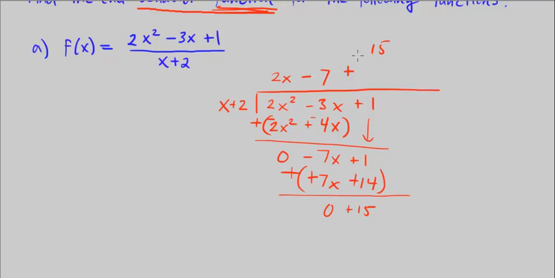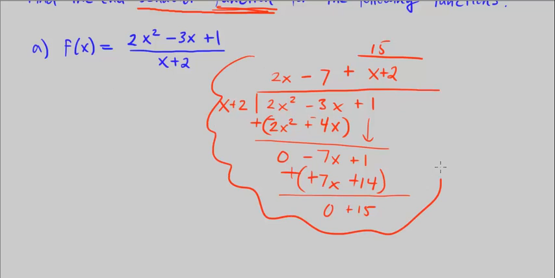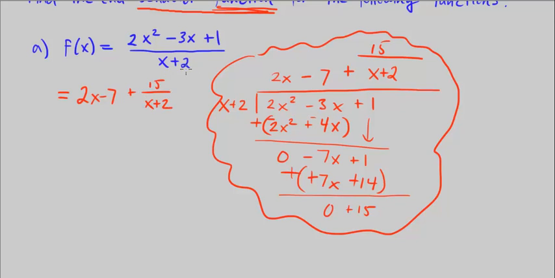That's the remainder, over x plus 2, right? Because we were dividing by x plus 2. So we have this is equal to this. Let's go ahead and write that out. This was the work on the side. So f of x is equal to 2x minus 7 plus 15 over x plus 2, right?